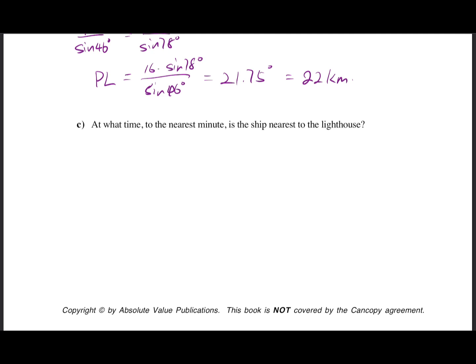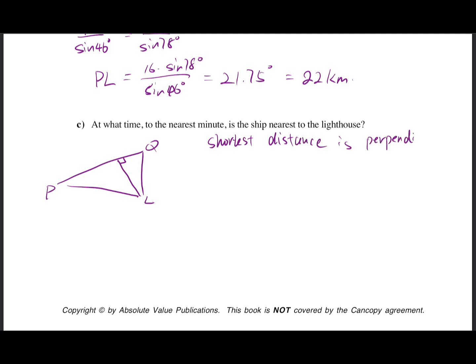For this part, we can draw a triangle like this. So this is the original part, P, Q, and L is the lighthouse. And the shortest distance is perpendicular to PQ. Okay, so now we have a triangle here, and this one is 56 degrees, and this is 22 kilometers.